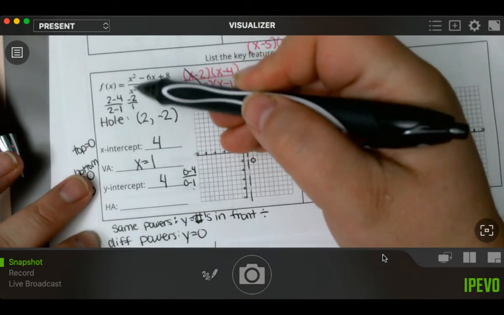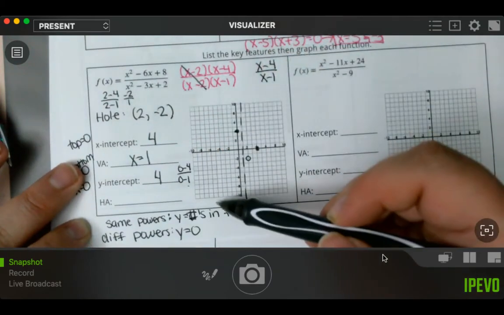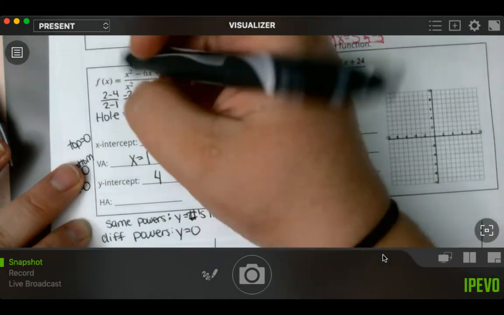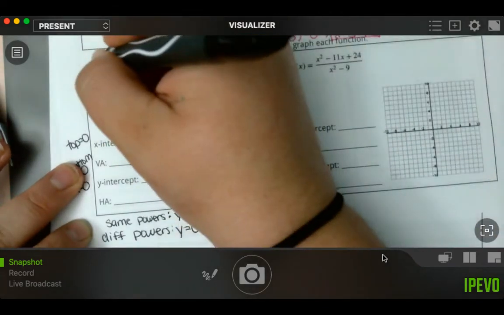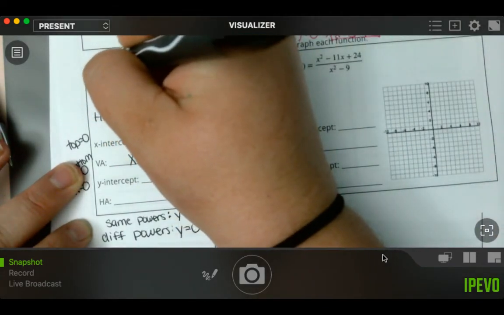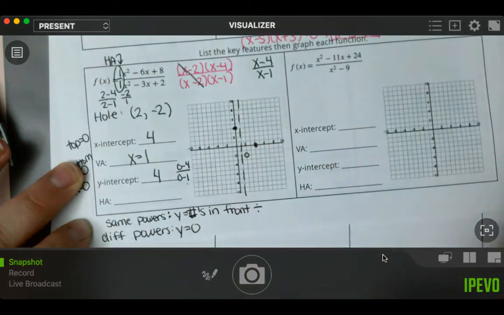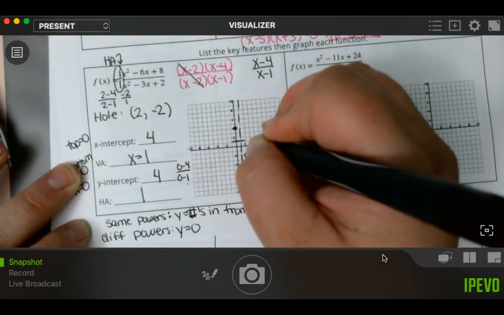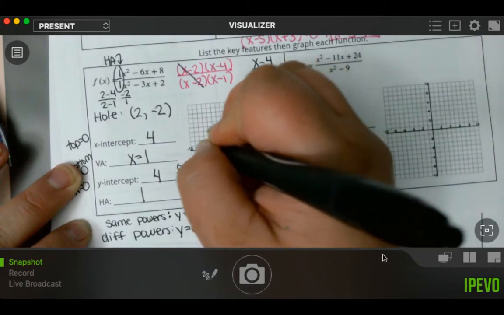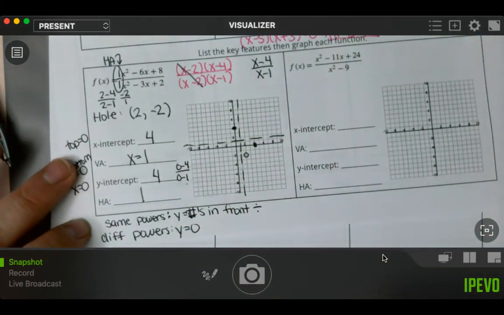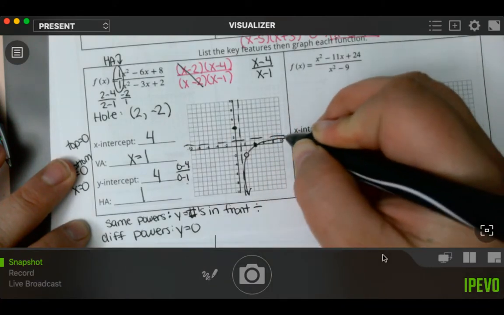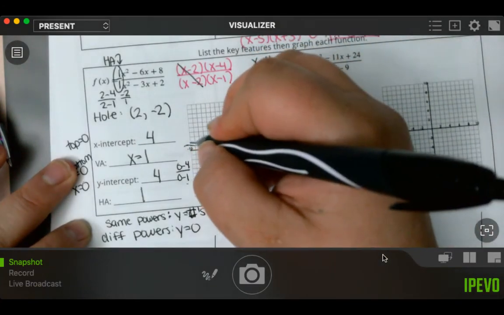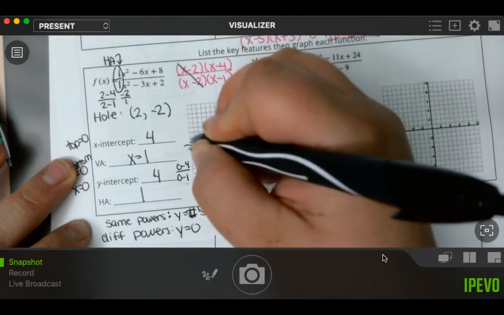So I have the same power on top and bottom, so I have to divide the numbers in front, which would be 1 divided by 1. 1 divided by 1 is just 1. So that's going to be a horizontal line at 1. And that splits my grid, and these curves just get close to the asymptotes like that and like that.